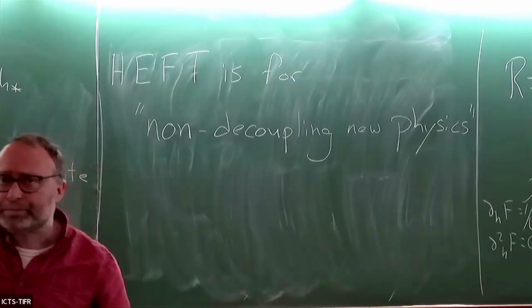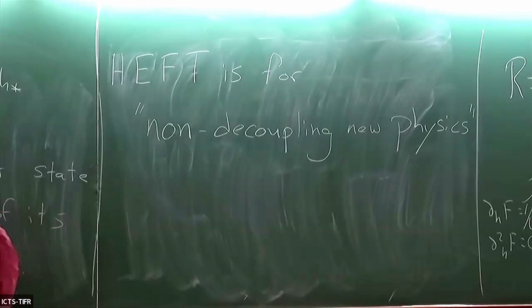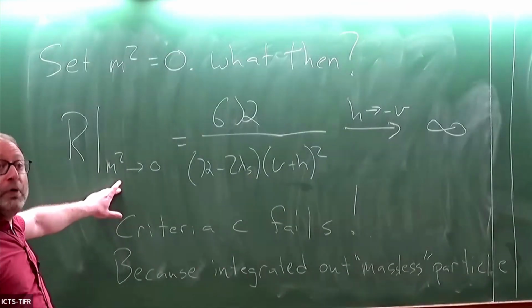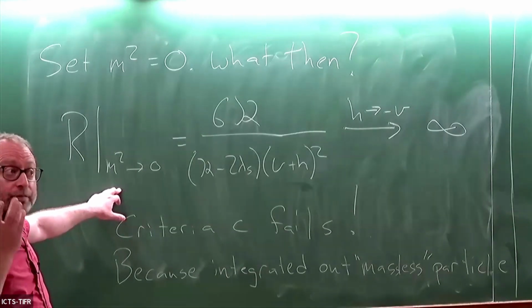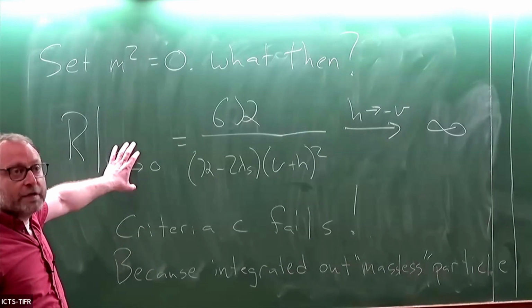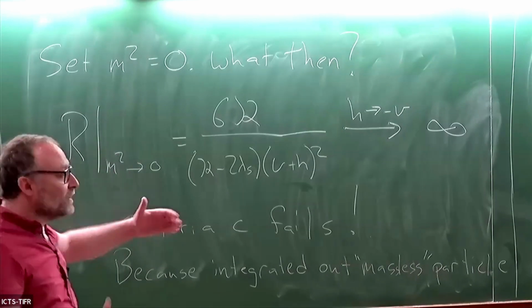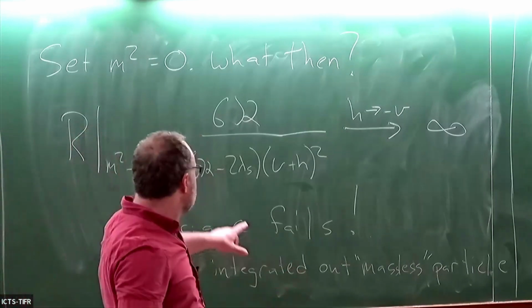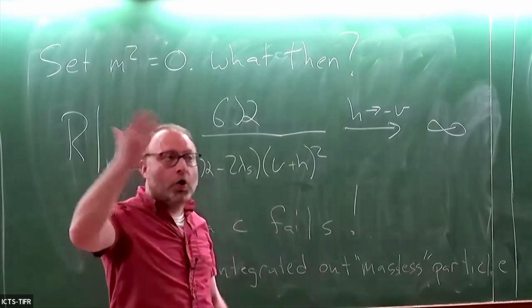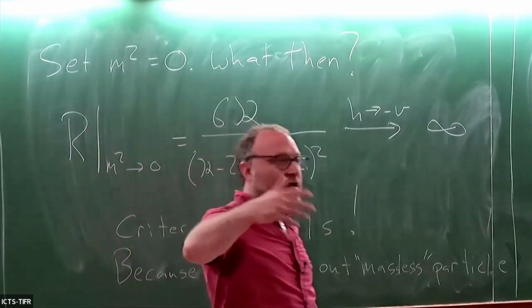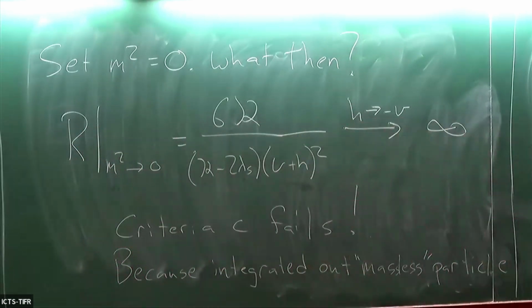When I use this phrase non-decoupling, what I mean is I've taken the parameter that allows me to decouple this particle by making it arbitrarily heavy, and I've set that parameter to 0. So now the only way I can make this particle heavy is by cranking up its coupling constants, and we know that those can only be order 4 pi, whatever exactly the unitarity bound is.